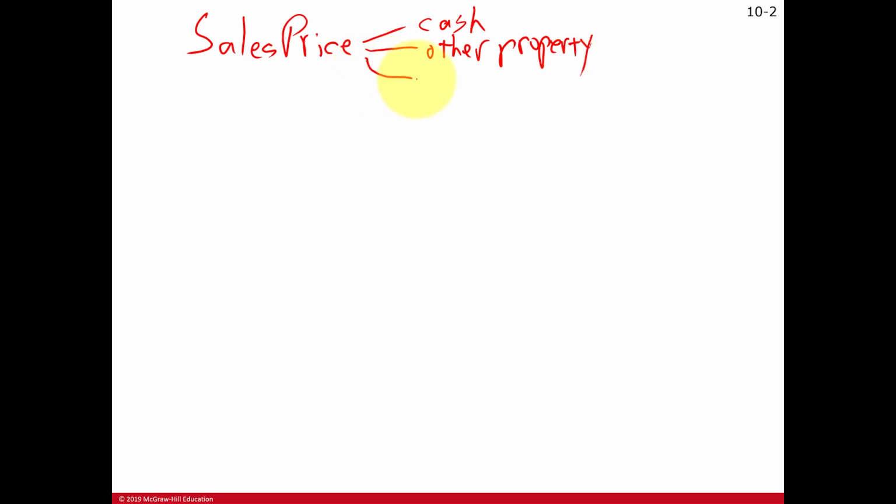And maybe you owe money, but that person who's acquiring the property from you is assuming that liability, that debt. So getting rid of that liability, debt relief, is the value you're receiving that would be combined with the cash or other property to get the total sales price that you're receiving.